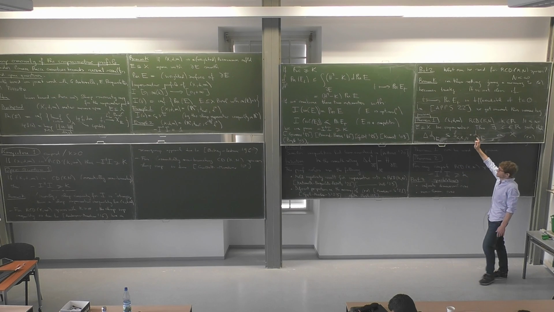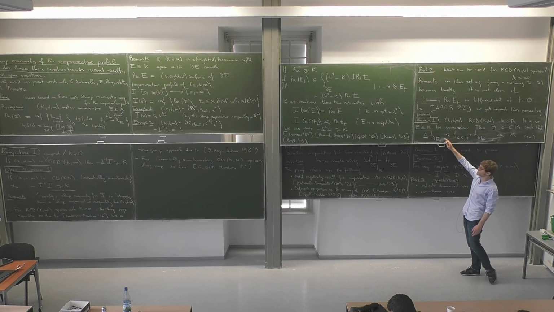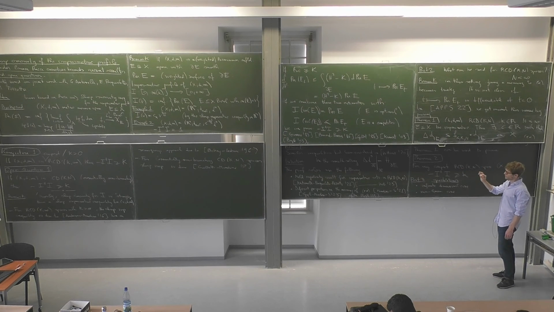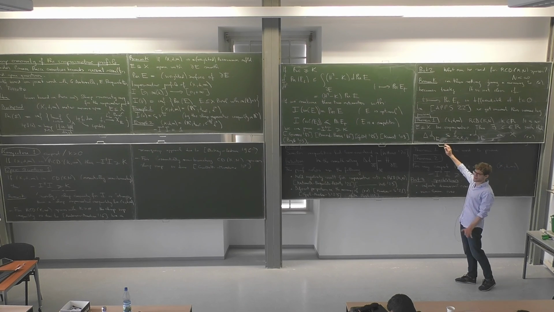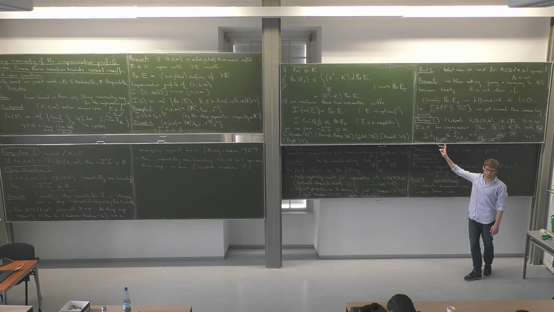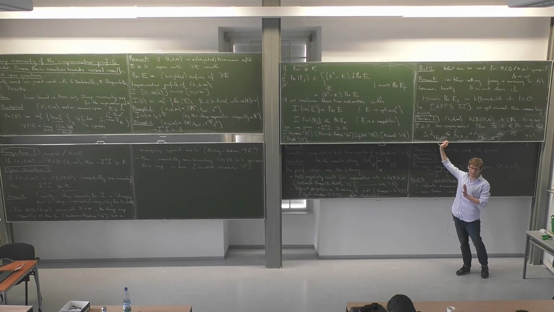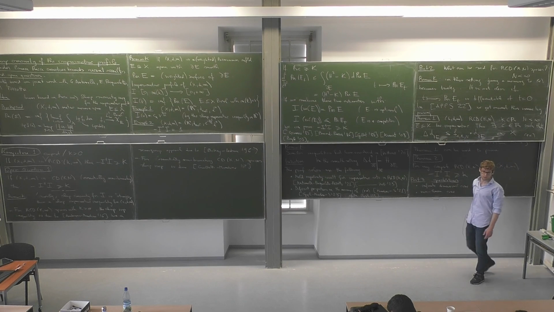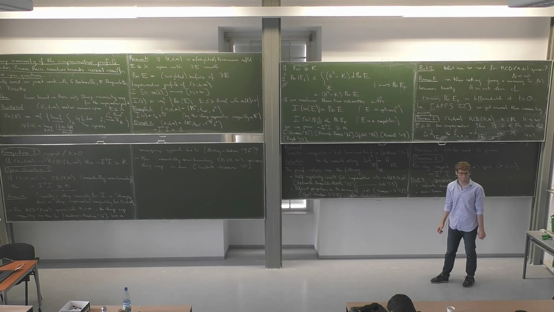So it's reasonable to expect that the strategy might adapt to RCD(K,N) spaces, even though there is a step of the proof where the linearity of the flow is used very heavily. So it seems technical, because the statement should be true even for RCD(K,N) spaces, but the proof heavily relies on the linearity of that flow.